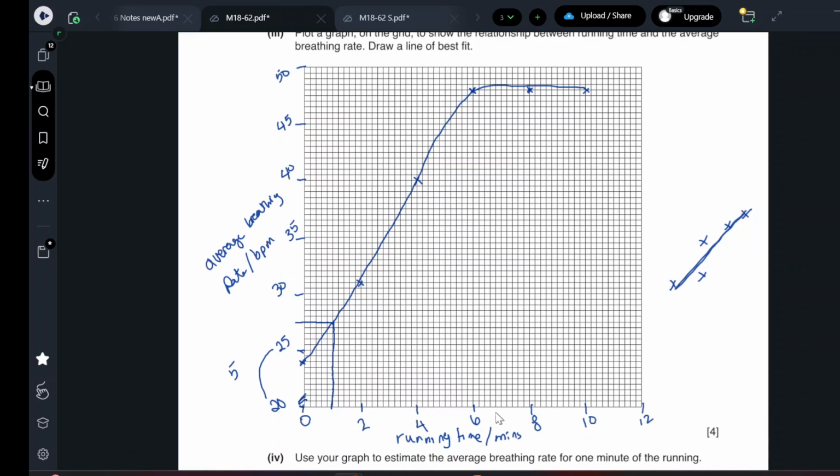Between 0 and 6 minutes, the average breathing rate increases from 24 till 48 breaths per minute. You have to use the units. Starting from 6 minutes, it is constant, or it levels off. It starts to be constant from 6 minutes, and then it remains at 48 breaths per minute.